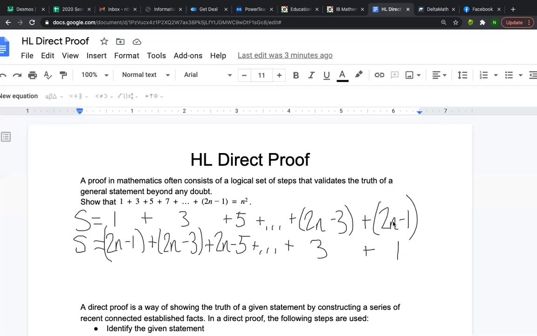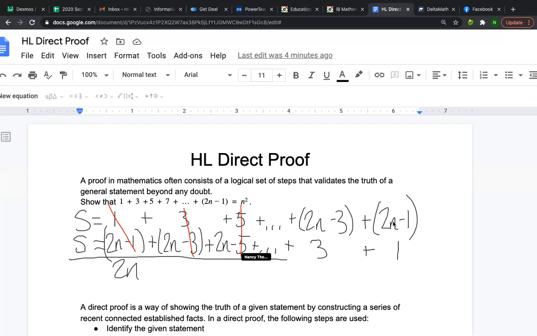So what I can do now is add these two sums together. So what happens when I add these two sums together? These ones end up canceling, and I am left with 2n. Same thing here. The 3's end up canceling.